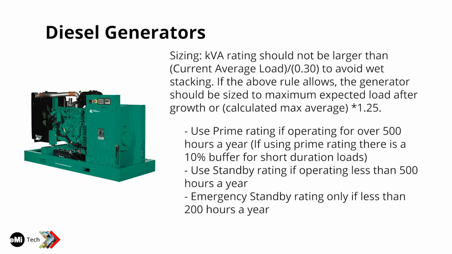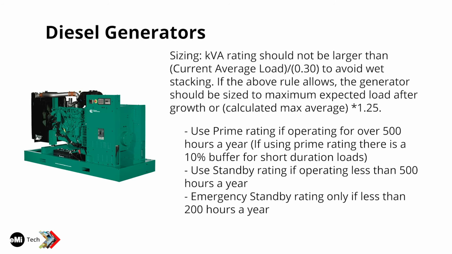And then if the above rule allows, size the generator so that it's able to handle the maximum expected load after growth, or basically the calculated max average times 125%. So you're just saying the maximum average you're expecting, and then add a little cushion in there. But you have to keep it under this number here, the current average divided by 0.3, because you don't want to wet stack a brand new gen set.